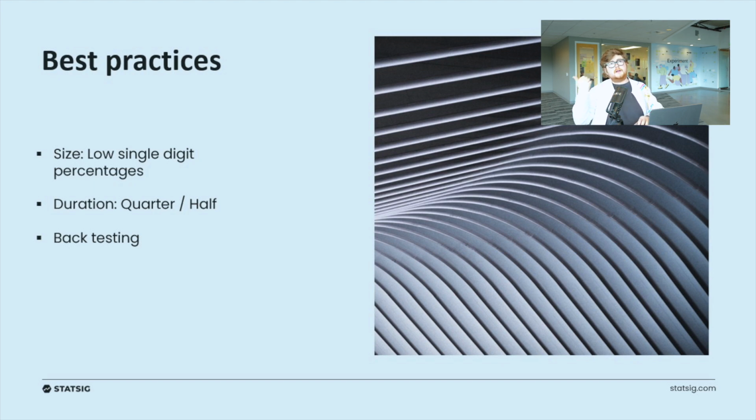And then the final call out here is that holdouts are a pretty effective way to add a back test for something. If I have some experiment or gate that I have already launched, and I really want to measure the impact of that experiment or gate a year down the line or something, a holdout can be a pretty simple way to take some 5% of users and ask, okay, what if you didn't get this thing that we've already launched?